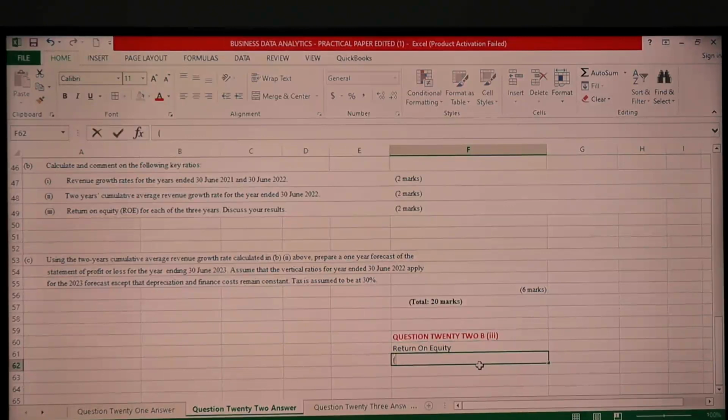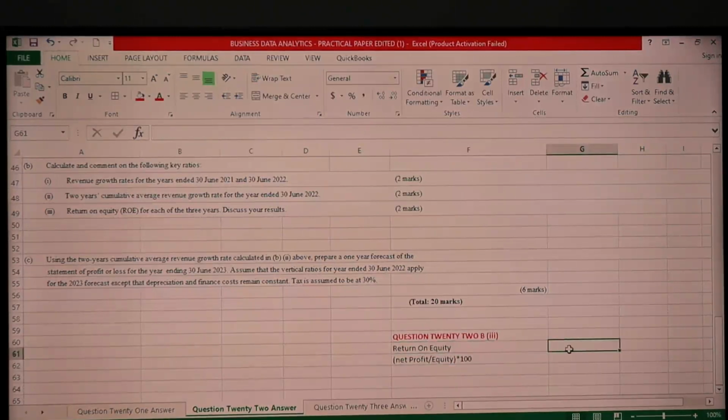We use net profit divided by equity. Here we use total equity. Then we multiply by 100. That is our simple formula.